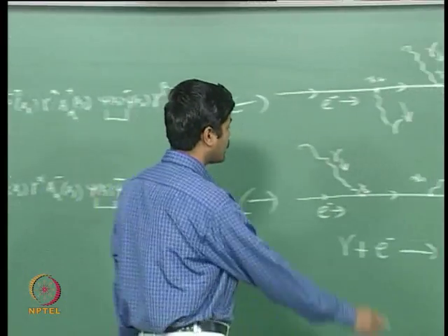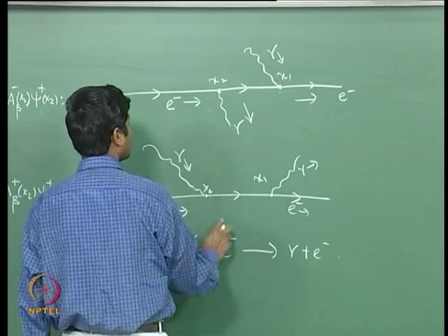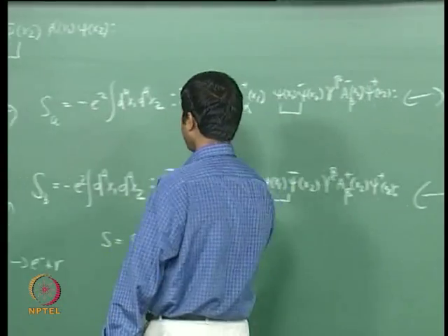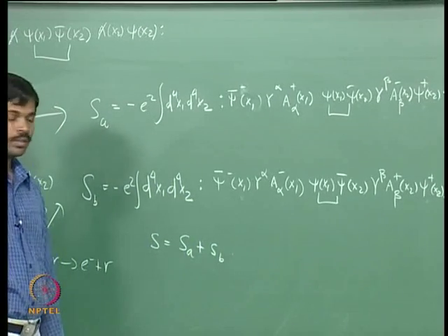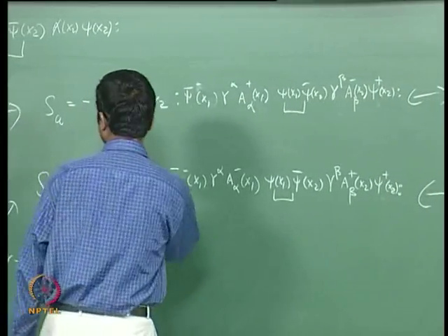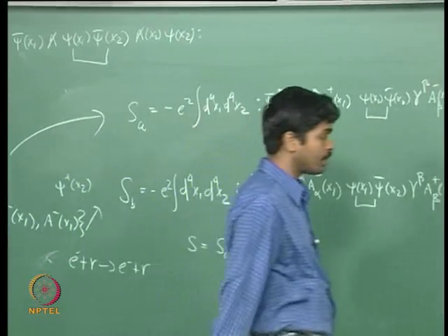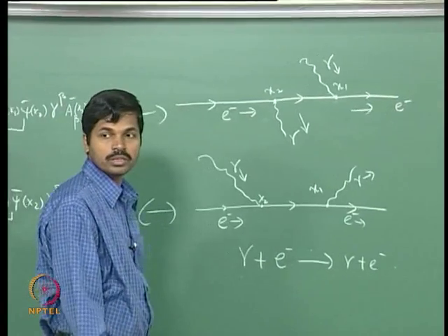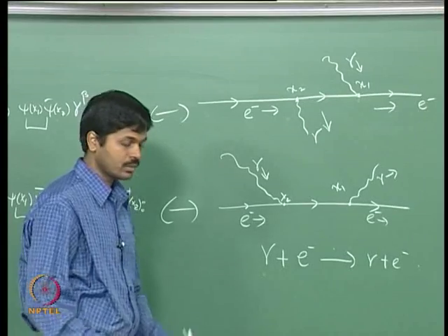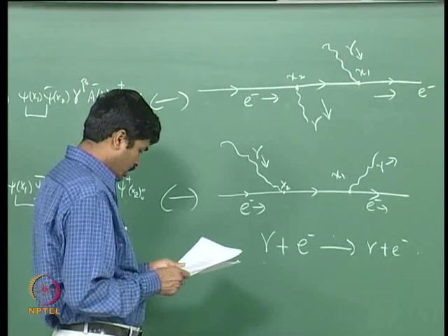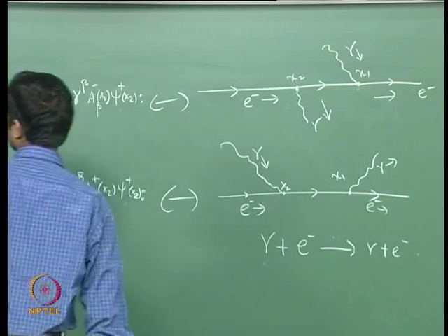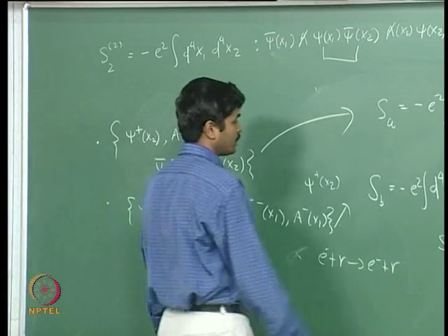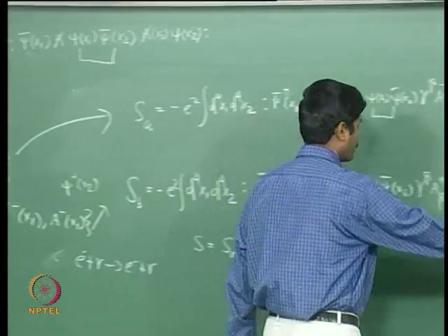So you consider this process, you know that at lowest order these are the only two possibilities. So you draw these two diagrams and then you write the corresponding amplitudes and then you add them. So this will give you the full amplitude for this physical process, gamma plus e minus going to gamma plus e minus. All right. Okay, so this is just one such term here, which describes this process of Compton scattering.